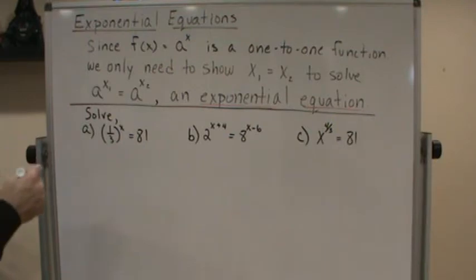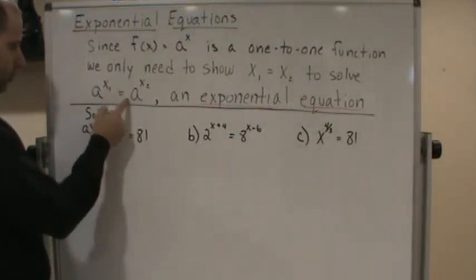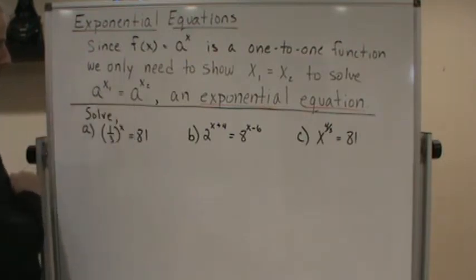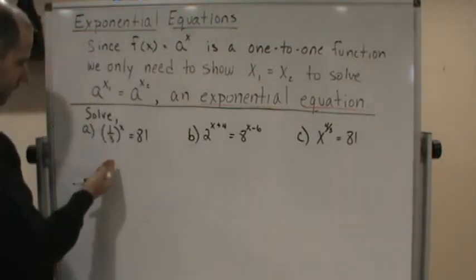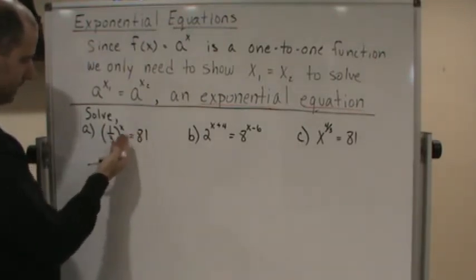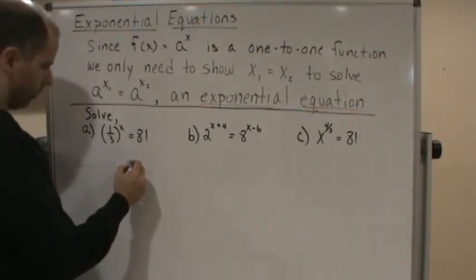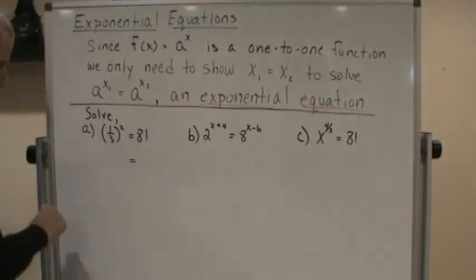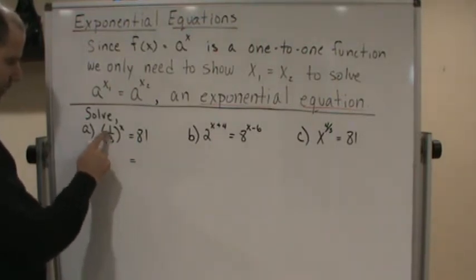So what we're looking for is a common base. We want to get the same base. So realize that we have to have the same base in order for this to work. So somehow we need to get the same base here. Now, if you notice, over on this side, we've got a 3 on the left, so I'm keying in on this 3.